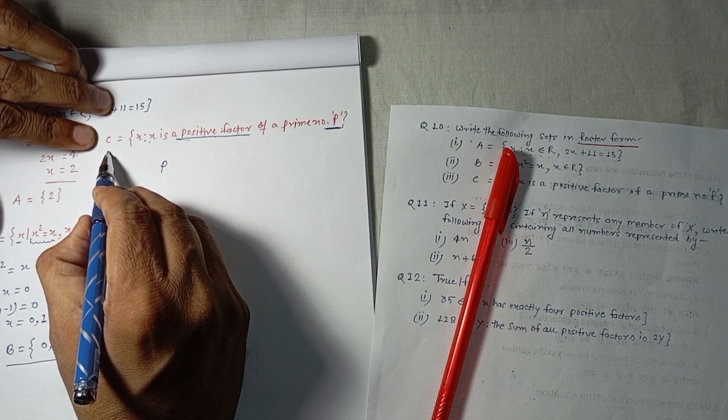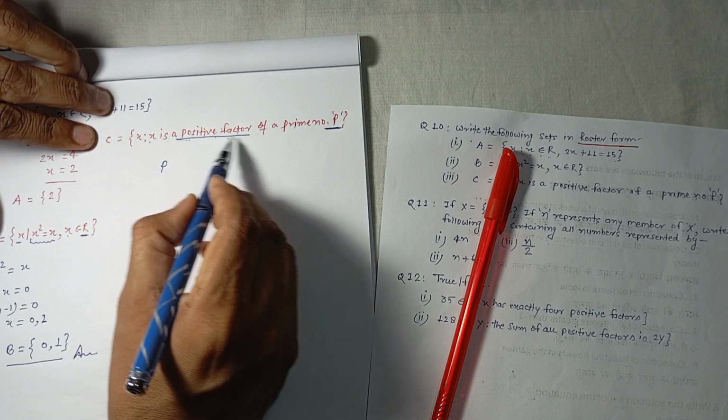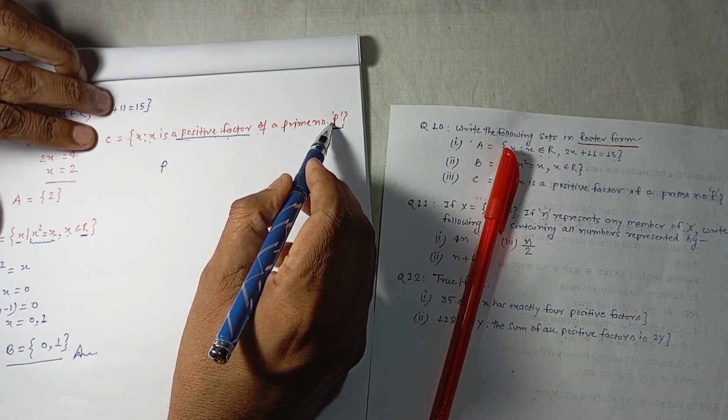Set C is formed by the elements x, which are positive factors of prime number P.